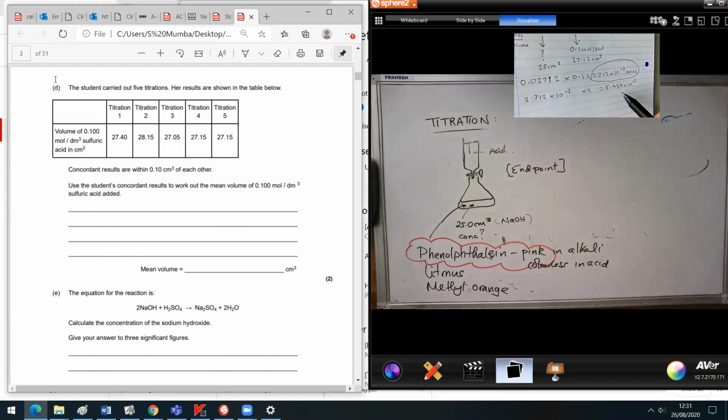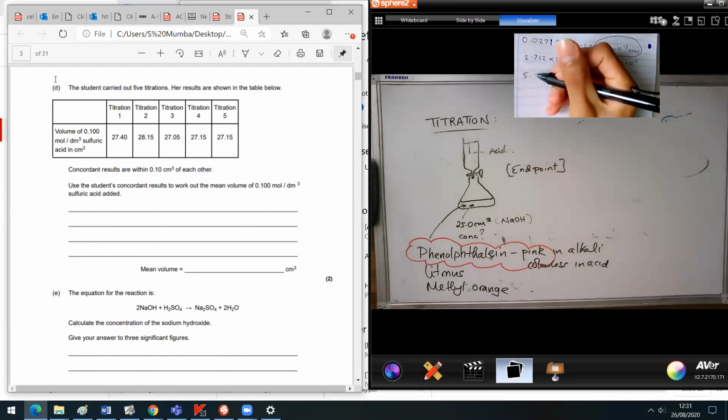Good. And now this is the moles for that. So now you do 5.424 times 10 to the minus 3 divided by 0.025.